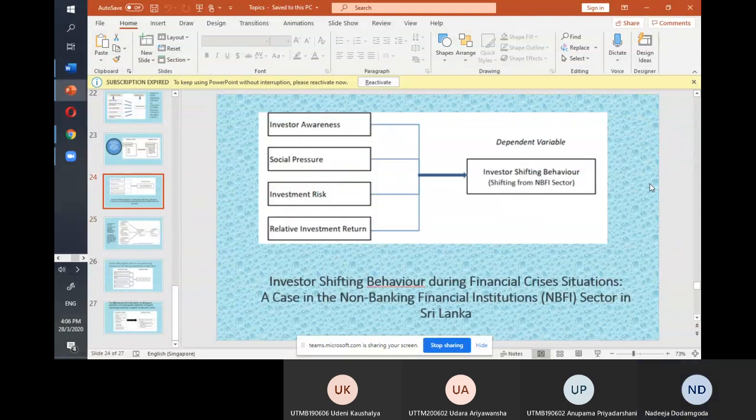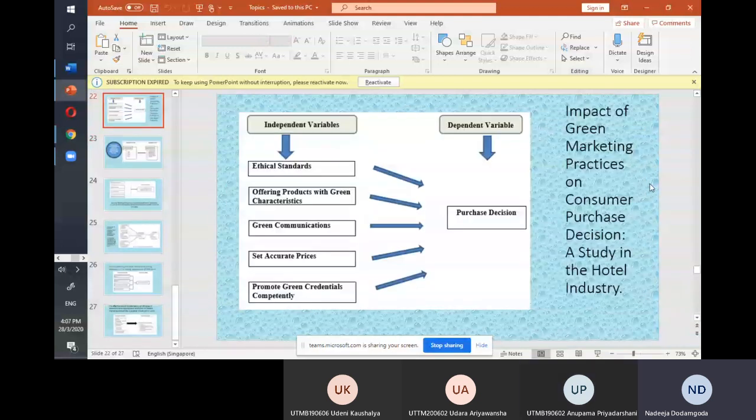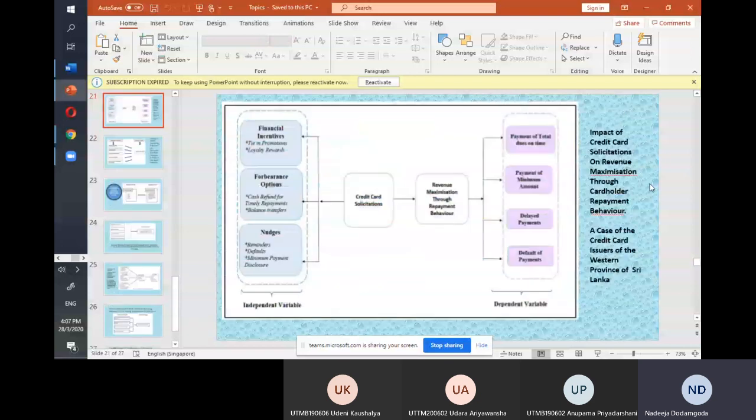And if you look at this, each and every investor becomes the unit of analysis, right? This is each and every person who visits coffee shops and becomes the respondent for the survey. Each and every tourist who looks forward to staying in green hotels, right? Each and every respondent here who uses, say, the impact of credit cards on the card holder repayment behavior.